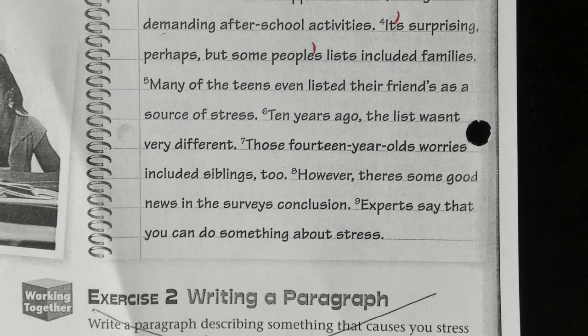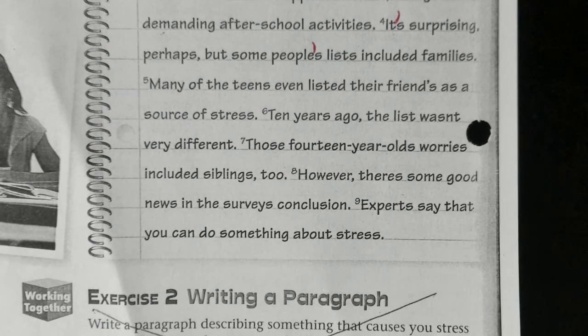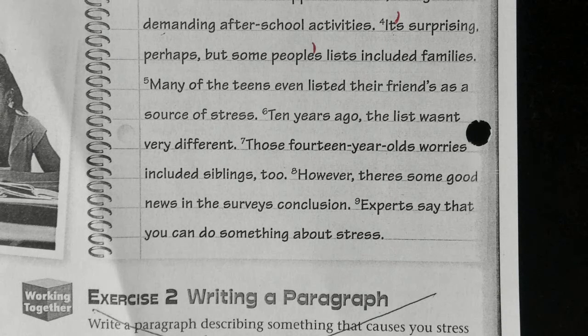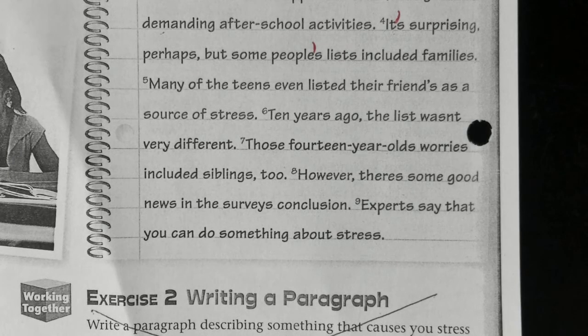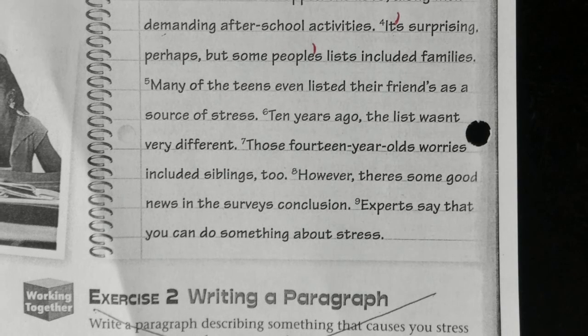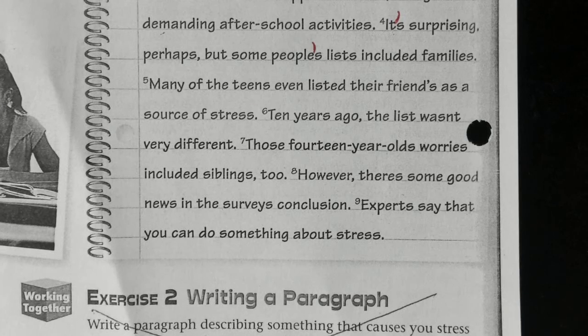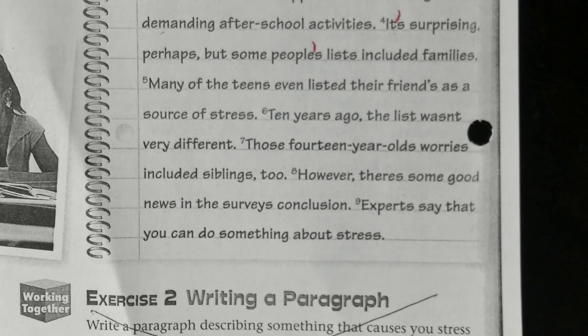Well, we're just talking about the teens. They don't own anything, so it doesn't need an apostrophe. Yeah. Those friends, there's no ownership. It's just more than one friend, so there should not be an apostrophe in friends.